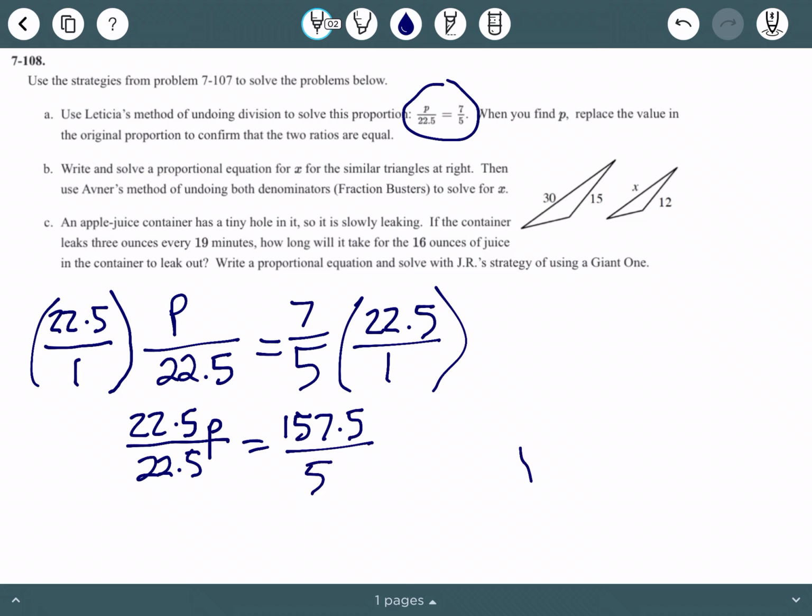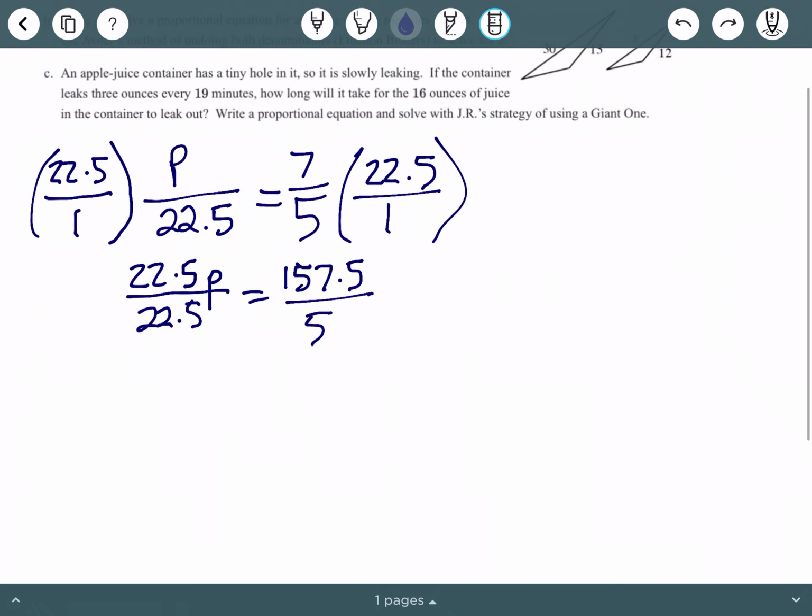So this is the point then where we can go ahead and get rid of our fractions, because remember that fraction bar means the same as division.